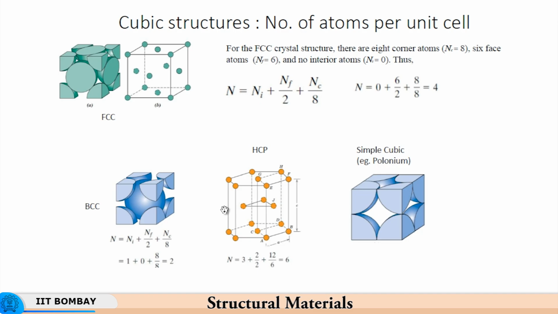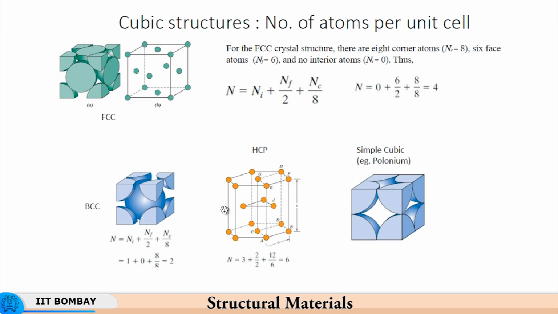Now we would like to see how many atoms belong to one particular cell, because we know that this atom is shared between two adjacent cells. This atom is shared by 8 neighboring cells, because you have 4 cells at the top and 4 at the same level below. So you have 8 cells sharing this particular atom.